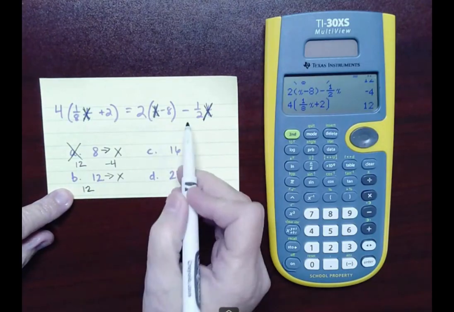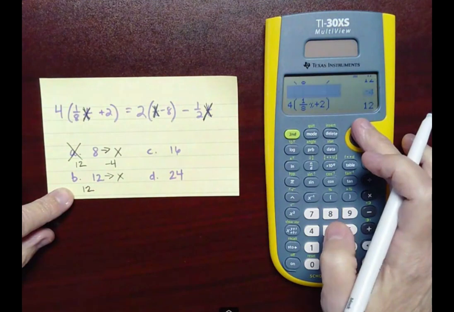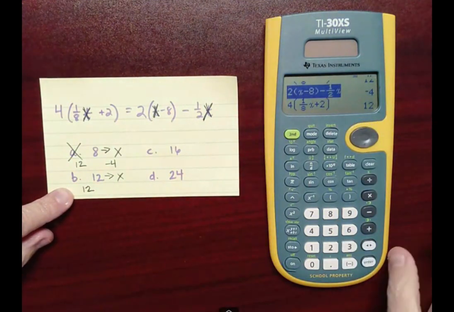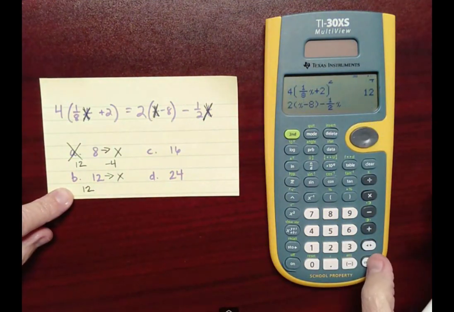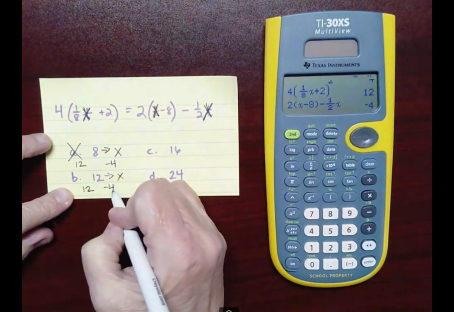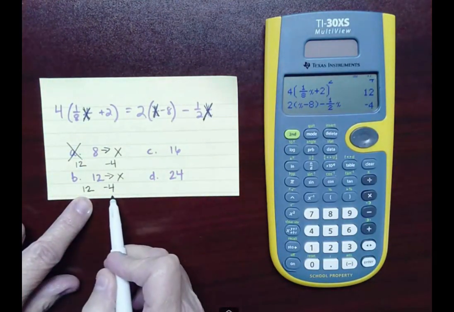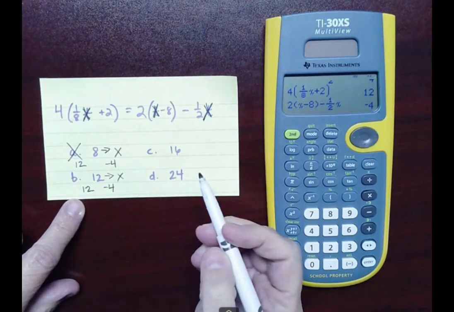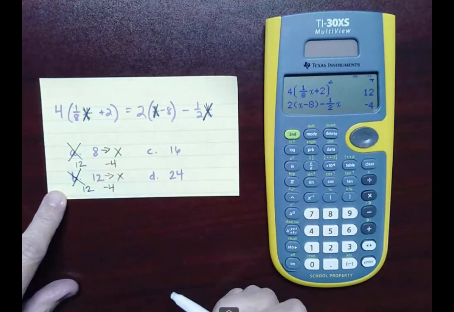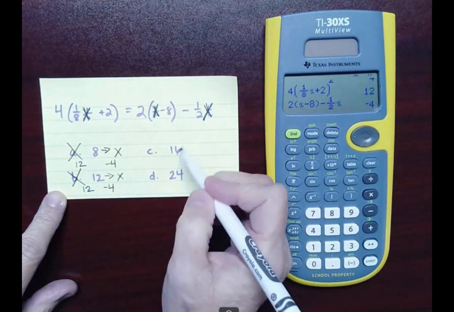Now we're going to go to the other side. I'm going to scroll up, have that side highlighted, hit enter, it will copy it to the bottom. Hit enter again, I get -4. Well, 12 is not equal to -4. So that can't be the right answer. We're going to go on to the next one.